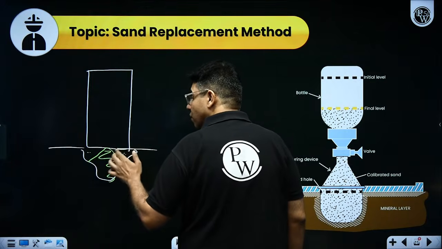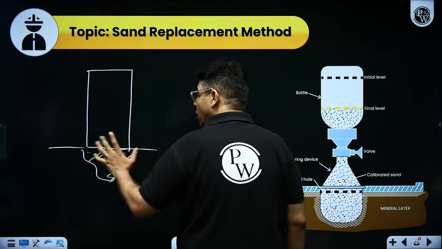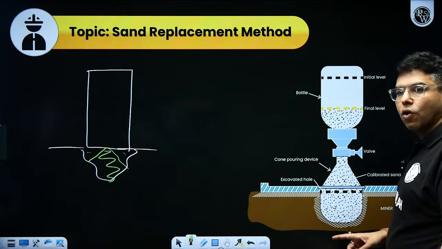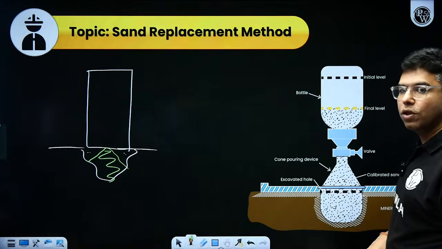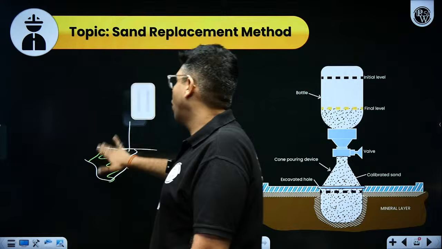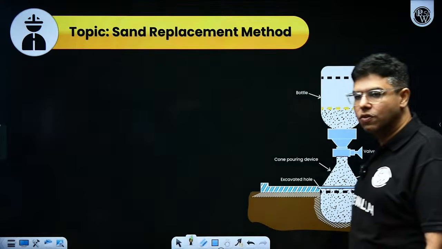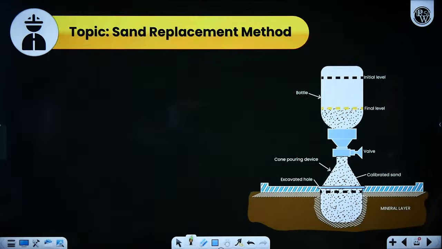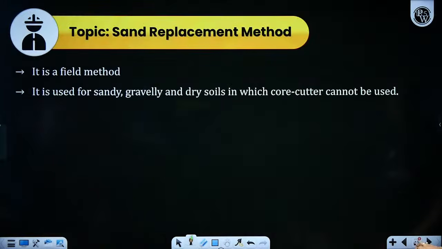Therefore, to ensure that all the volume is filled with sand, we make a cone here. Got my point? Therefore, this cone is very important inside the sand bottle. Very interesting one. These types of questions can be asked in the interview as well.